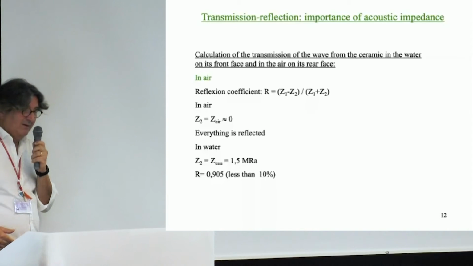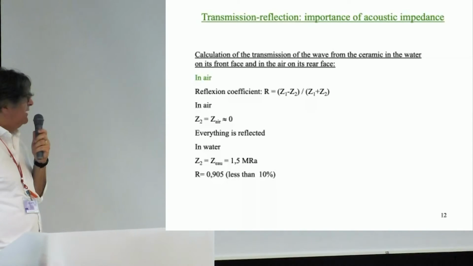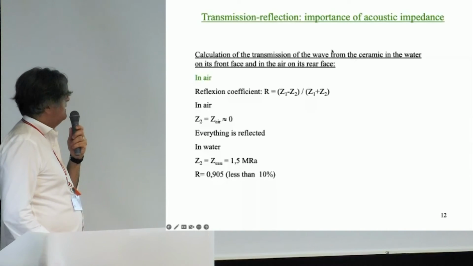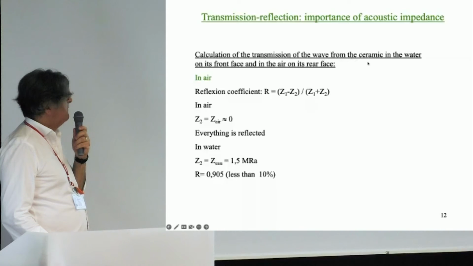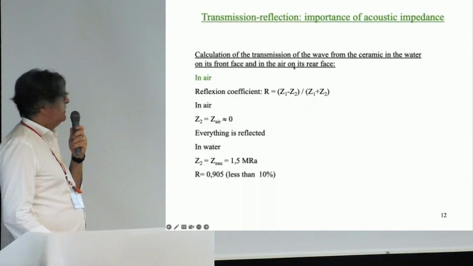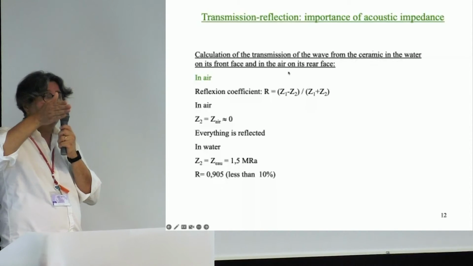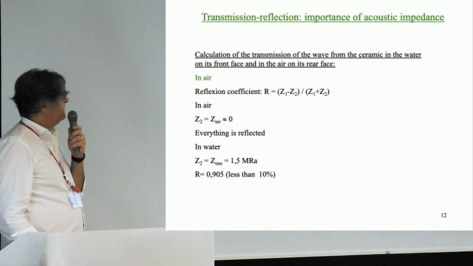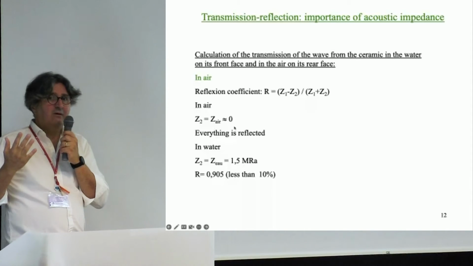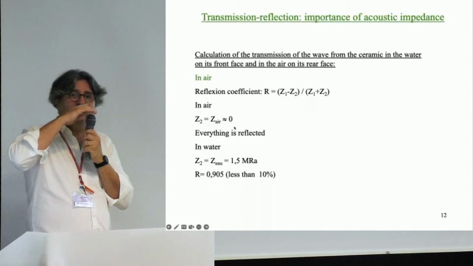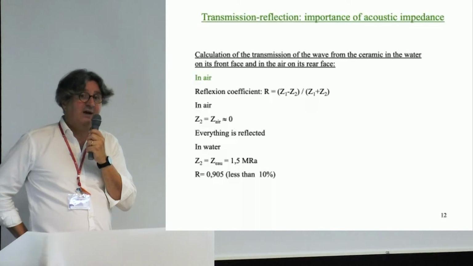We already did this calculation: if we want to calculate the transmission coefficient of an ultrasonic wave that goes from the ceramic to the air. First question. In fact, remember, the acoustic impedance of air is 44 rayls.